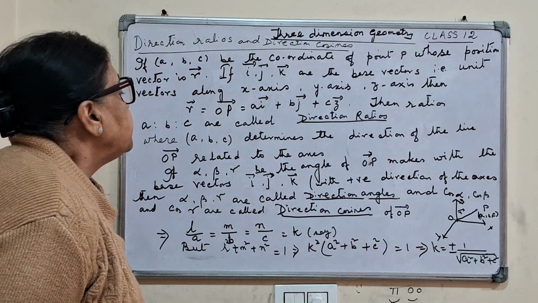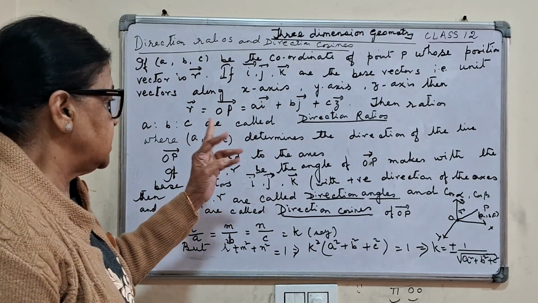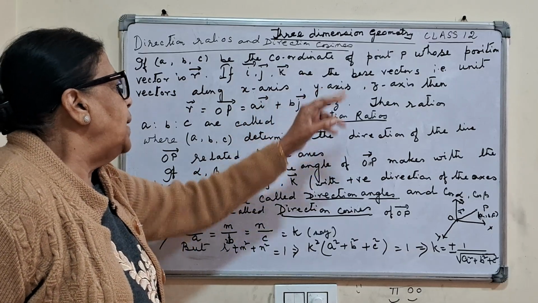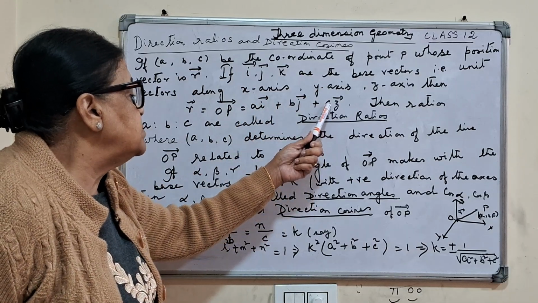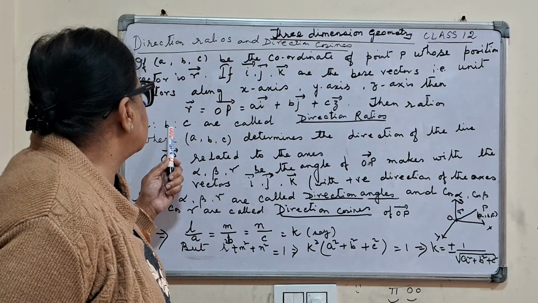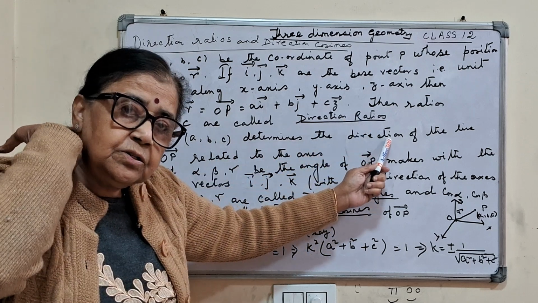Then R vector, that is OP vector, can be written as A I cap plus B J cap plus C K cap. Then the ratios A is to B is to C are called direction ratios.